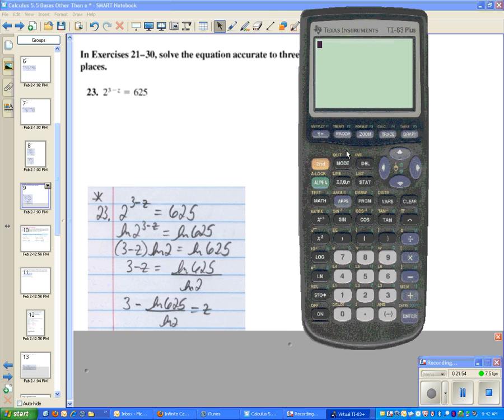All right, now, let's see if I can type all this in right. 3 minus parentheses, natural log 625, close the parentheses on the natural log, divided by natural log 2, close parentheses, close parentheses. I think that ought to work.